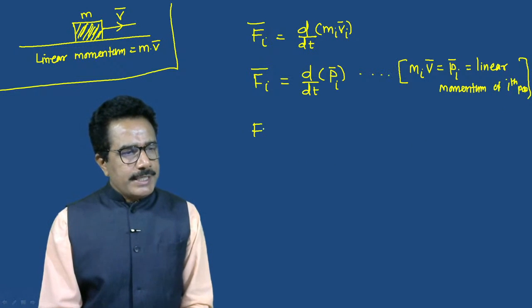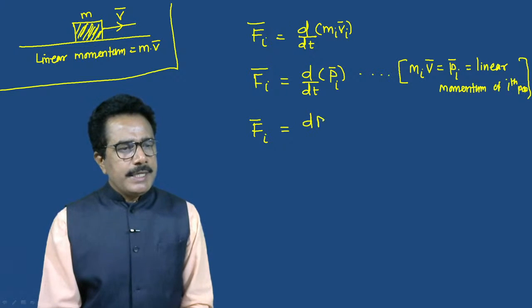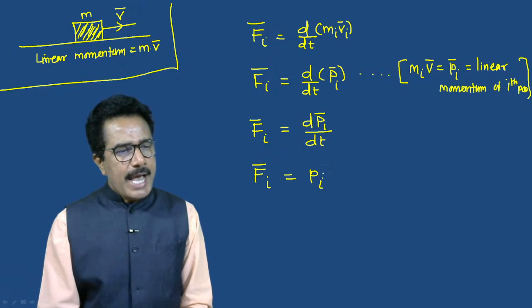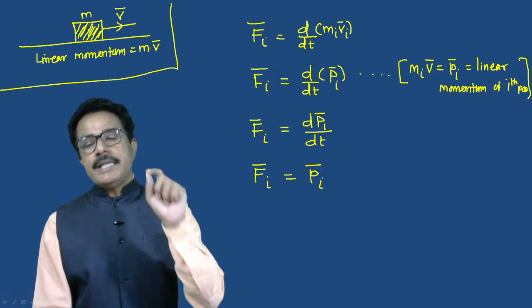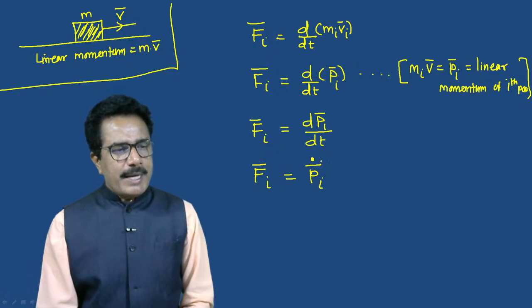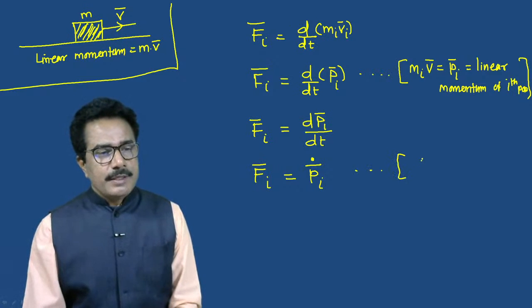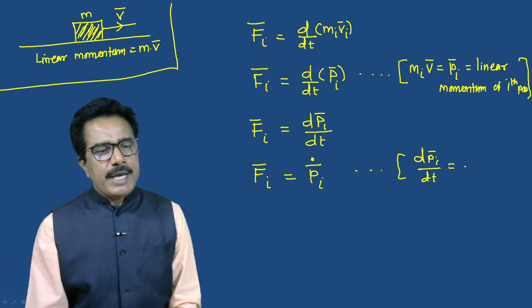So we can write Fi bar, which is equals to dpi bar by dt, which is also denoted Fi bar equals pi bar dot, means the derivative of the linear momentum of the ith particle. Dot means the derivative, dp bar by dt, which can also be denoted by pi bar dot.